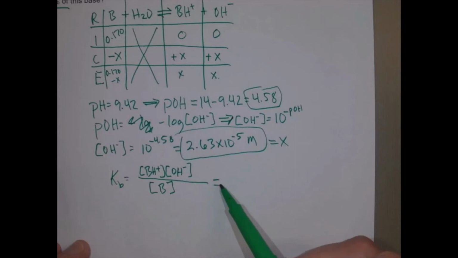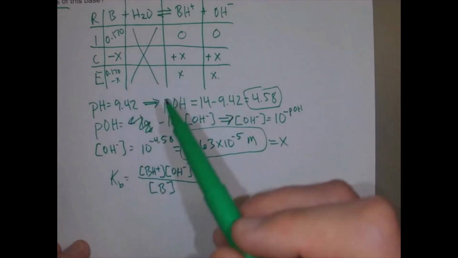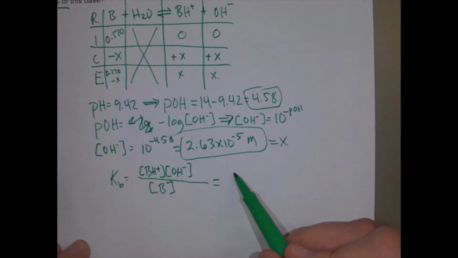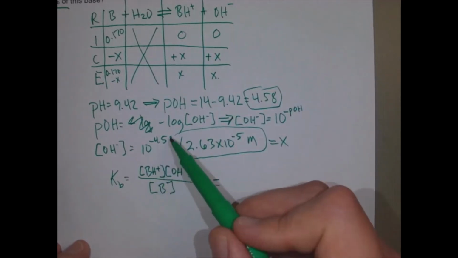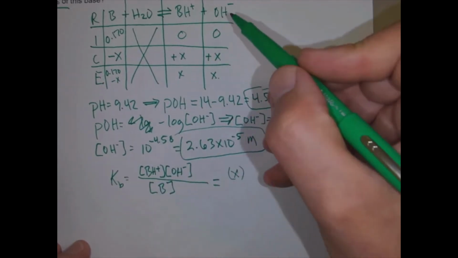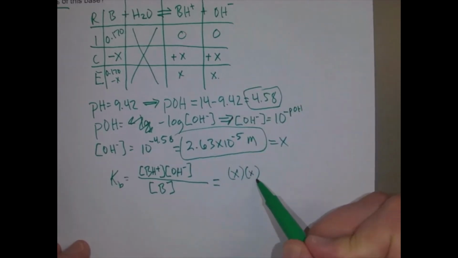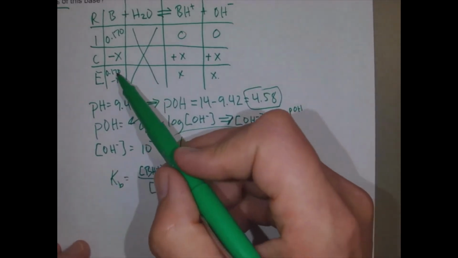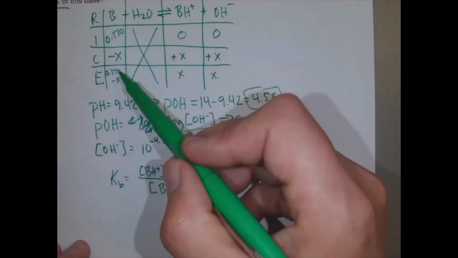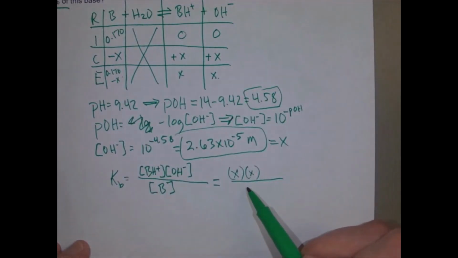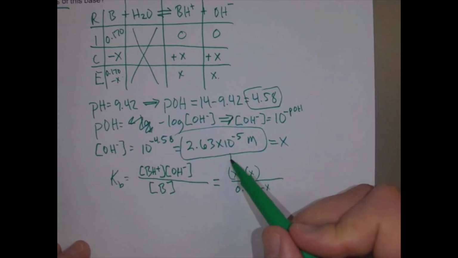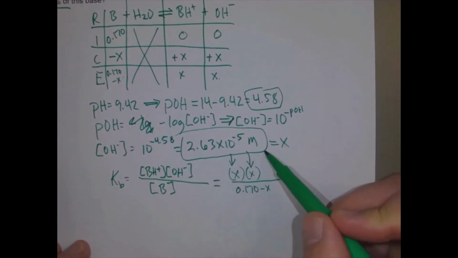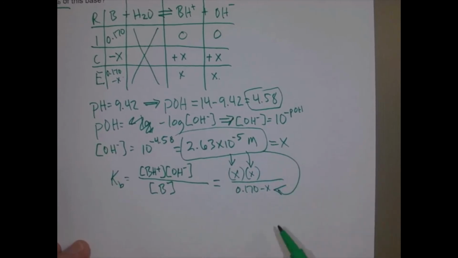Well, from the equilibrium row on the RICE table, I can just substitute in the terms. And so the concentration of BH plus is X, and the concentration of OH minus is X, and that's over the concentration of the base at equilibrium, which is 0.170 minus X. Well, now I know a value for X, so I can just substitute that each place, right?